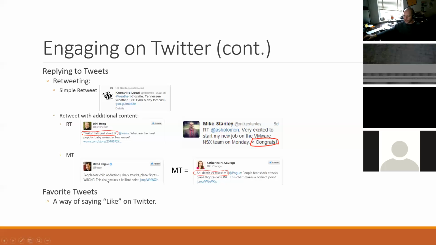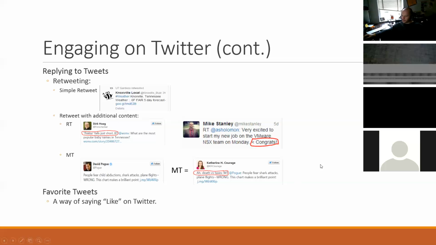So I put down here the first tweet that this David Pogue fellow tweeted was, "People fear child abductions, shark attacks, plane flights, and then wrong. This chart makes a brilliant point." So I'm assuming if we clicked on that link, that chart would take us to some sort of a graph about what people fear most in life, and public speaking is probably the tops there.